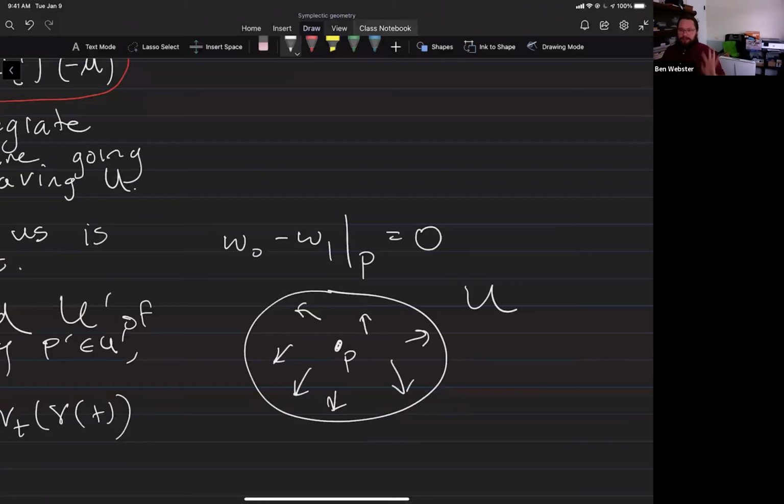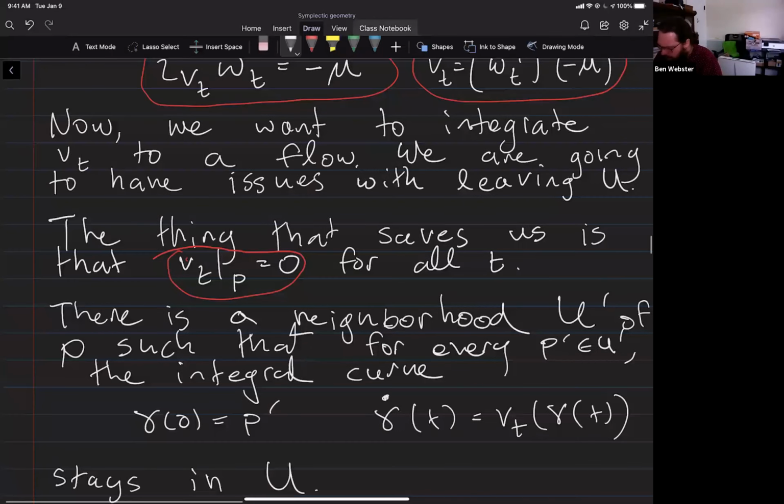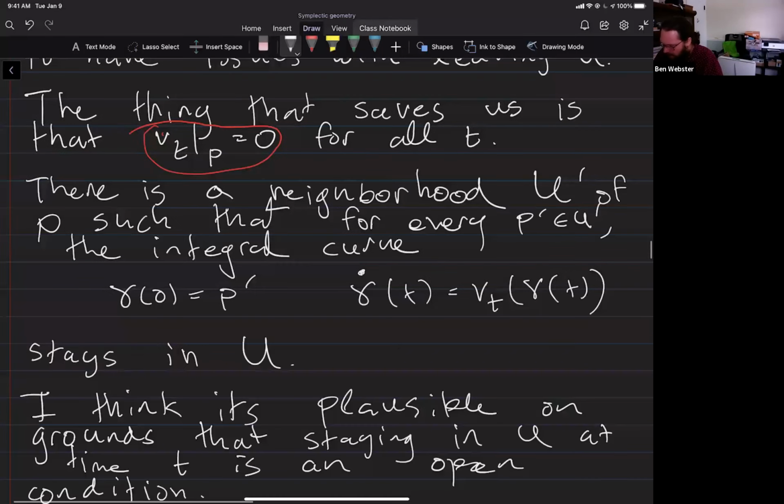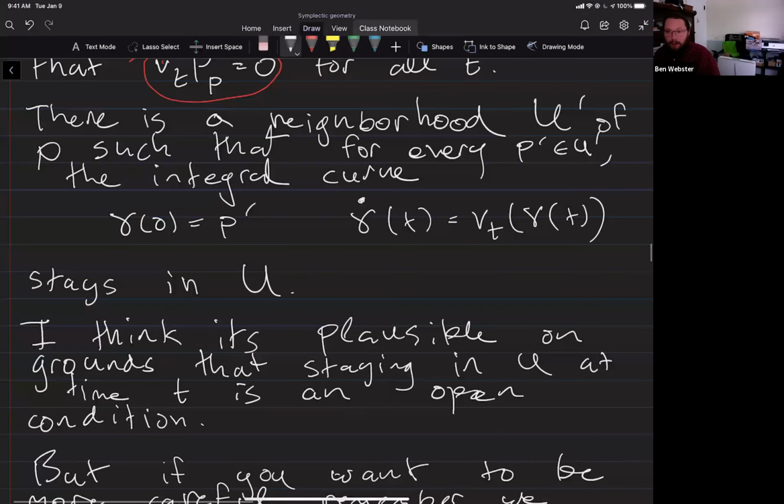Everything in this picture is smooth. So there's a limit to how quickly I can increase from being 0. So I think it's plausible that I could just say, oh yeah, there's some small neighborhood around the origin where no points escape from my original U.